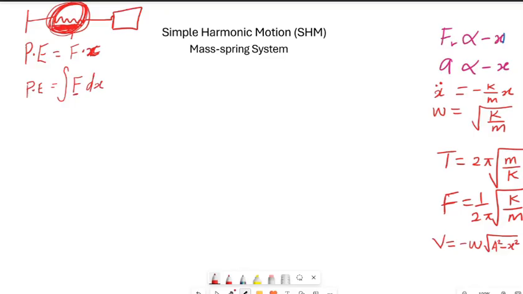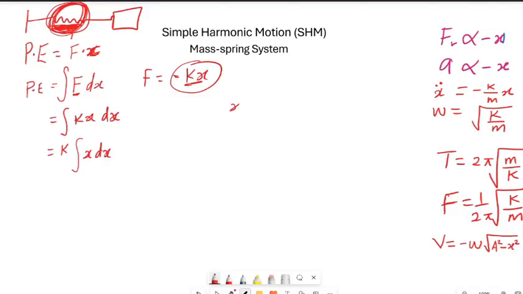So how can we modify this to have x? Now recall that our F equals negative kx. Since it is equal to this, I can represent my force as kx, and the constant, I can bring it out, having k outside, the integral of x dx.